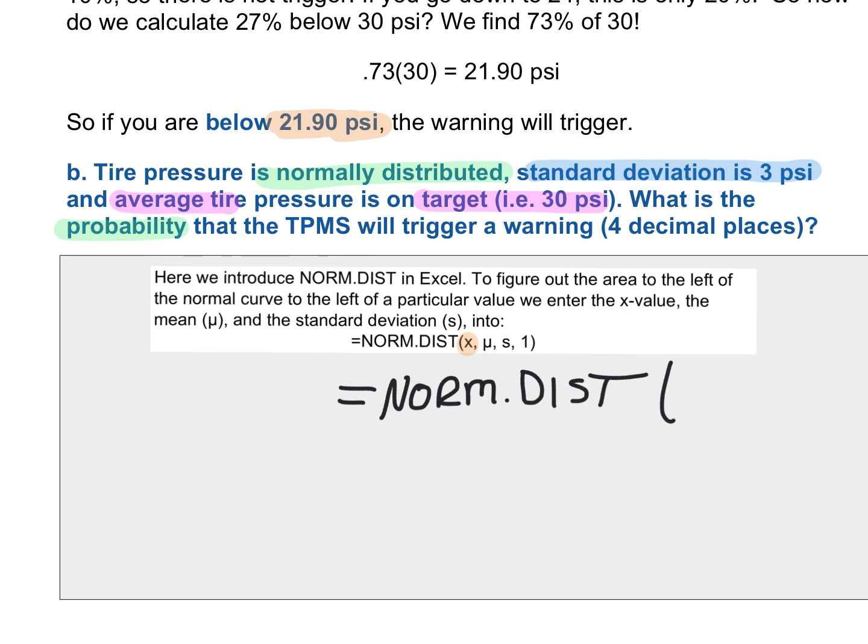So that is what I will substitute in for the X value. And then the mean, which is the next part of the formula. The mean is given to us at 30. And then the standard deviation that was given to us in the problem is 3.